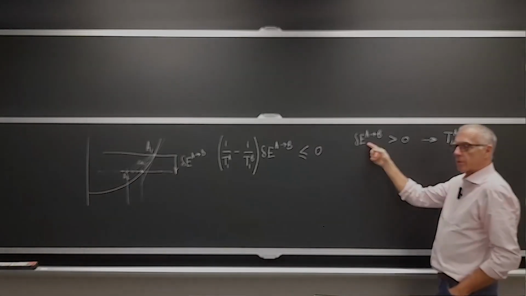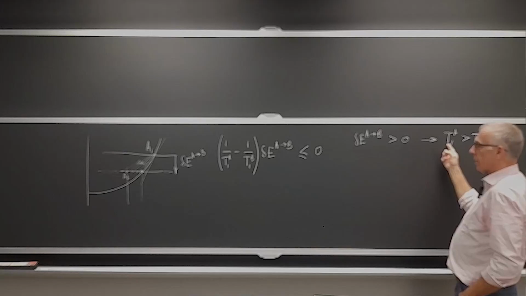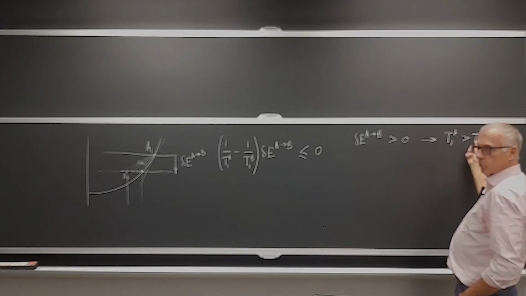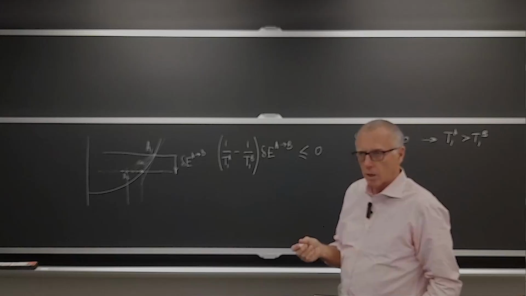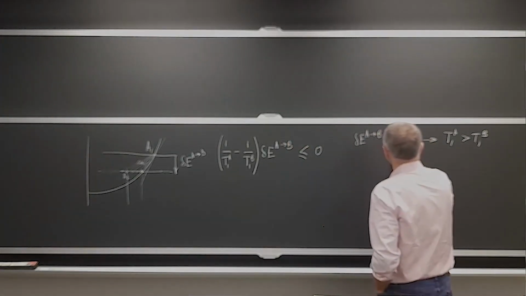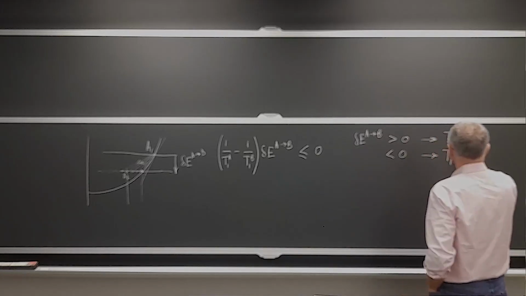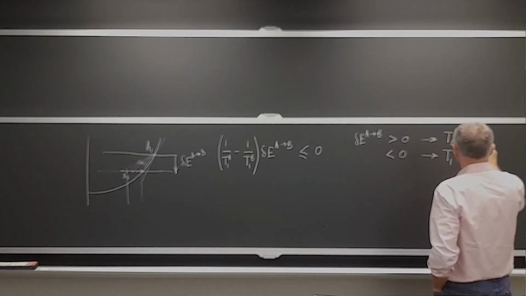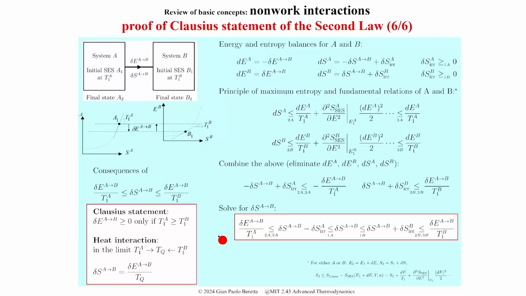We can transfer energy only in the direction from the hot to the cold. That's Clausius' statement of the second law. Of course, if you want this negative, it can do it only in the opposite situation. Right?